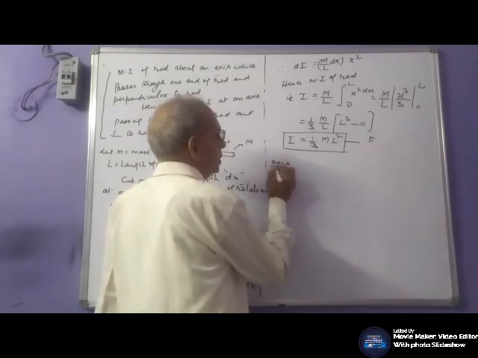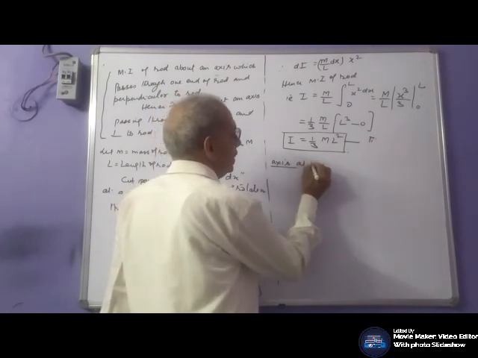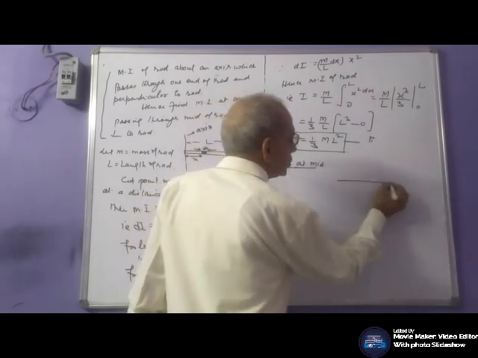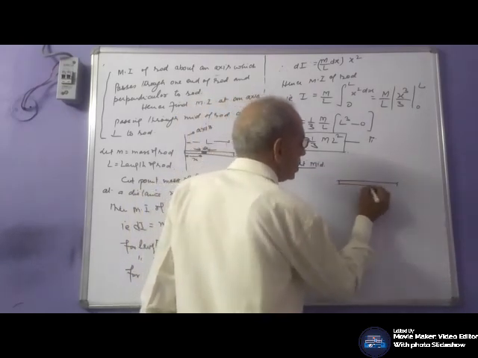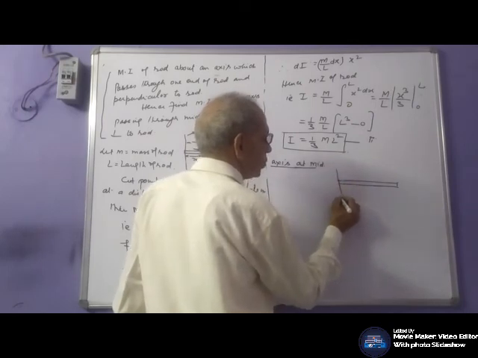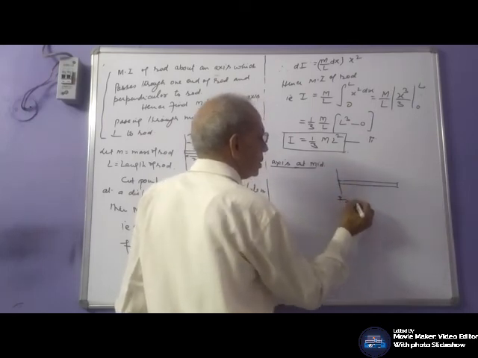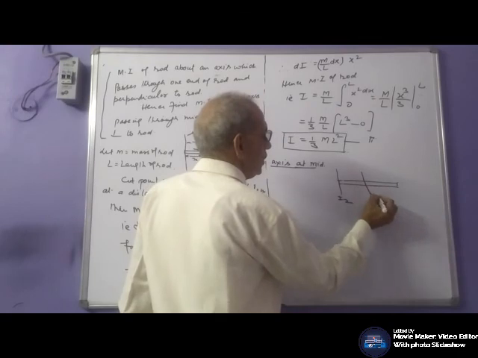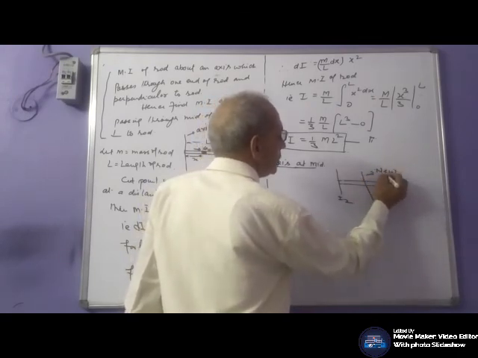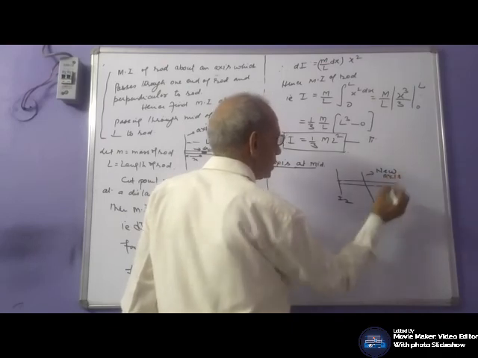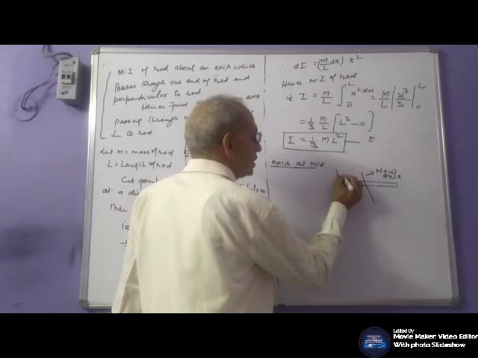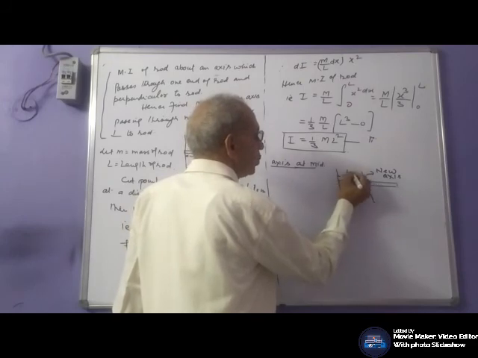Axis at mid. This was the rod. This we know. This is mid. This distance is L by 2.